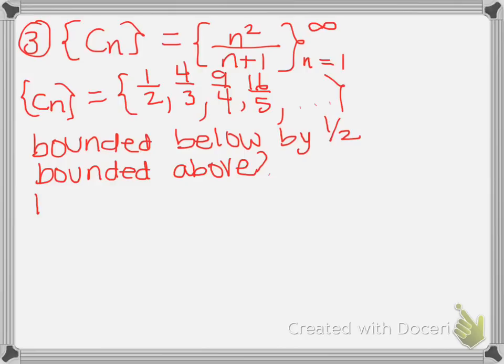We take the limit as n goes to infinity of n squared over n plus 1. Again, I'm going to treat this as a function, and since it's a rational function of polynomials, I'm going to use the properties from Calc 1: if the degree of the numerator is larger than the degree of the denominator, then that rational function diverges.